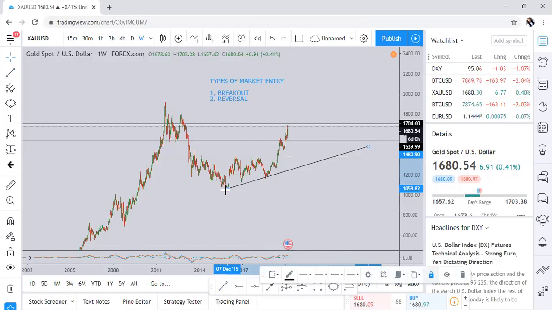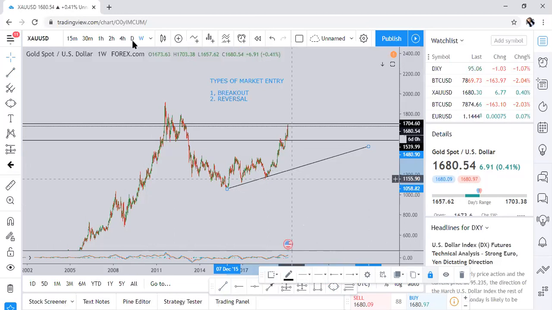Currently on gold on weekly, the trend line we just have two touches now. So you might be expecting a third touch back here. Then after the third touch, we have a break of structure here for further drop.